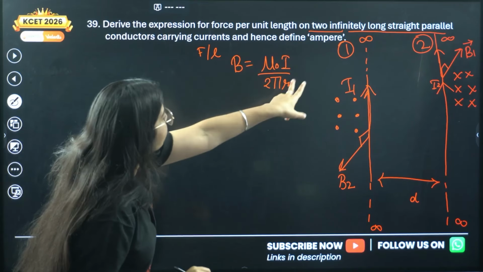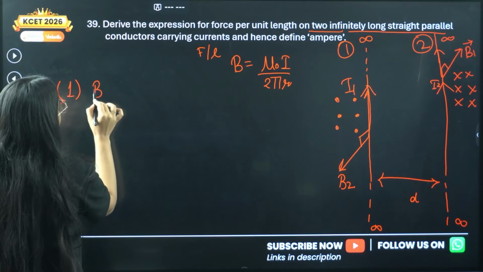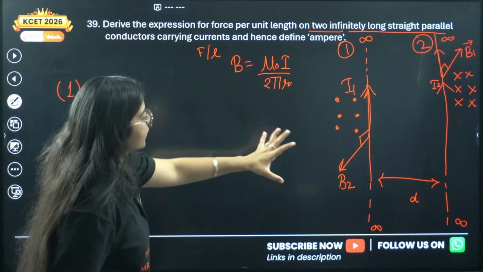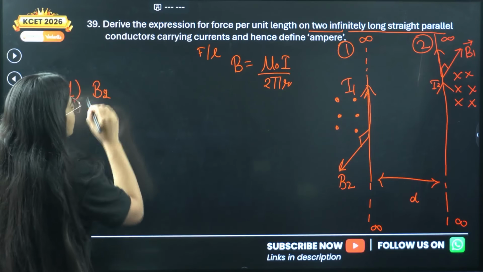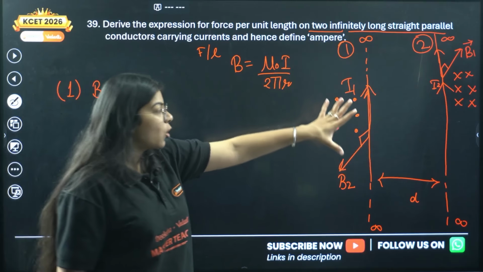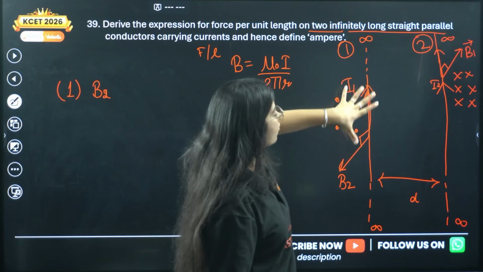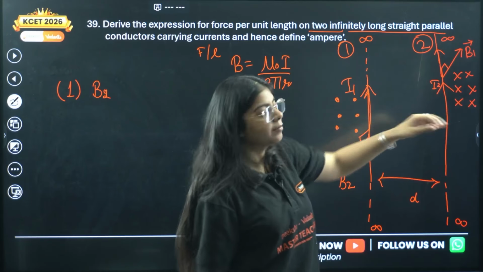So on first wire, what will be the magnetic field? On first wire, the magnetic field will be B2, because it is due to the second wire.